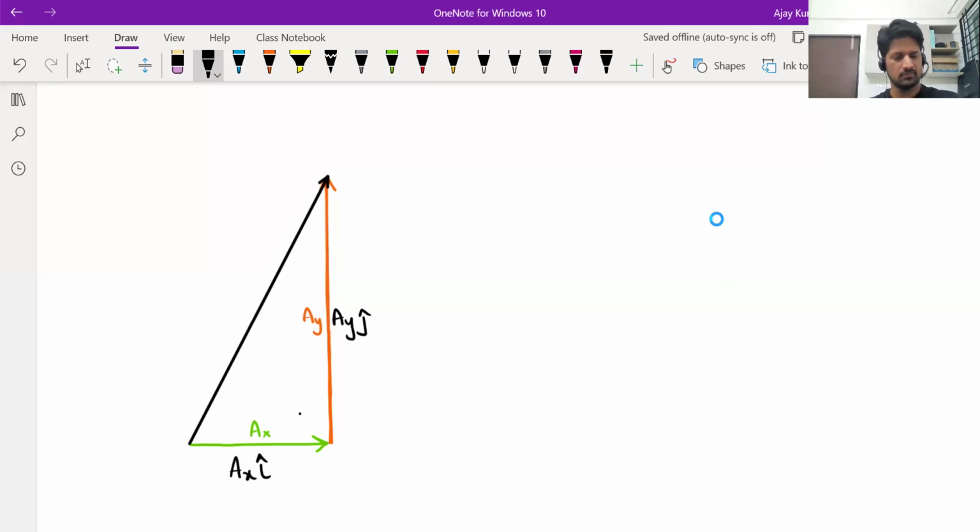Sir, 90. So the two components are orthogonal components, means they are already perpendicular to each other. So the two components and the original vector form a right angle triangle. Always.